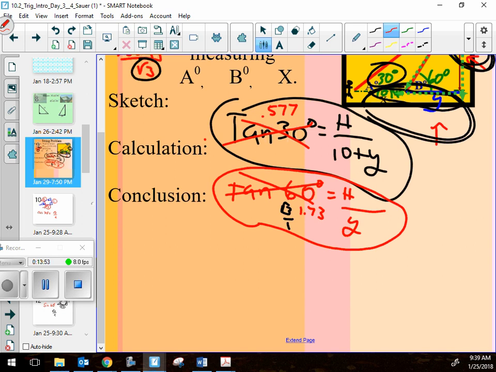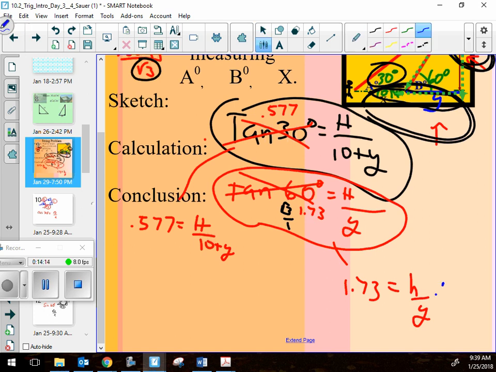So let me clean this one up and I'll solve it here. 0.577 equals h over 10 plus y. And the other one here was 1.73 is equal to h over y. Now, I need to solve for h on one of these two at least. So I'm going to solve this one for h because it's going to be really easy.